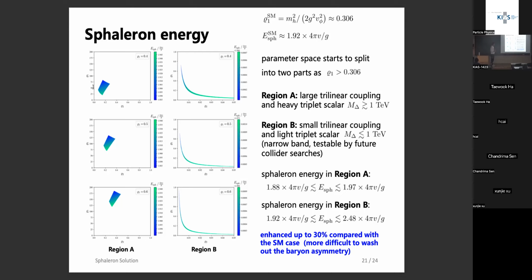So our conclusion is that the allowed Sphaleron energy in the Higgs triplet model can be enhanced up to about 30% compared with the standard model case. This corresponds to the baryogenesis in the Higgs triplet model being more difficult to wash out by the inverse process of Sphaleron.